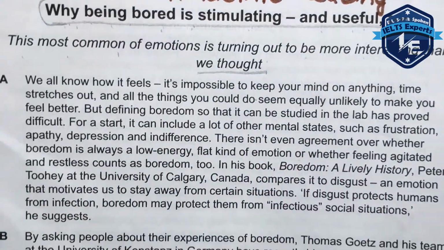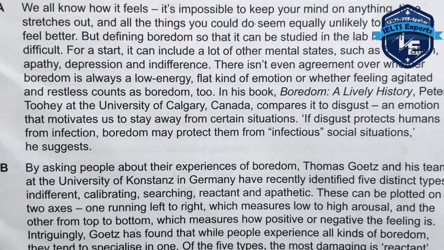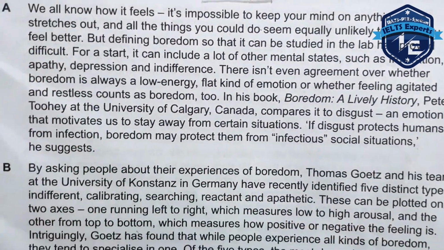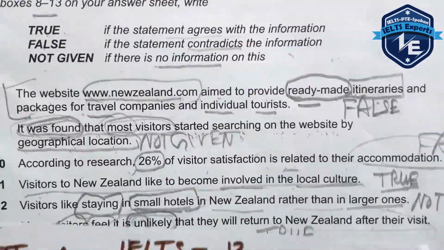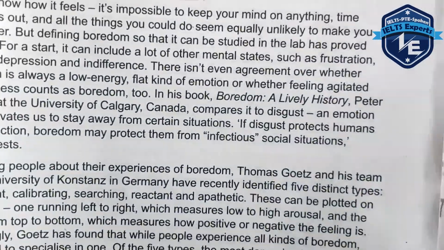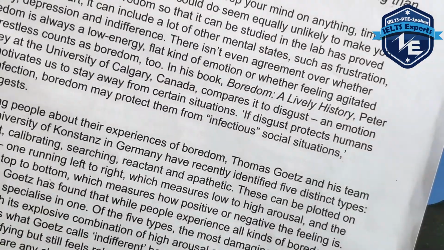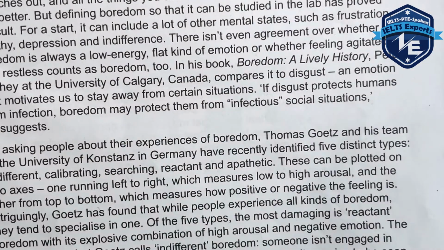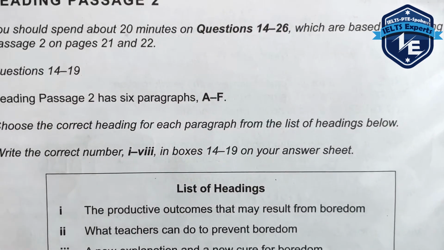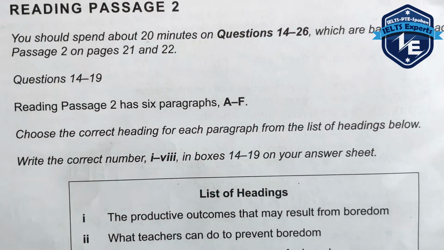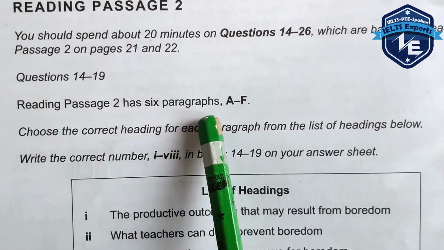Now the passage has been divided into small paragraphs with the names A, B, C, D, alphabetically. Okay, let's look at the type of questions. After reading the title of the passage, always look at the type of questions first.